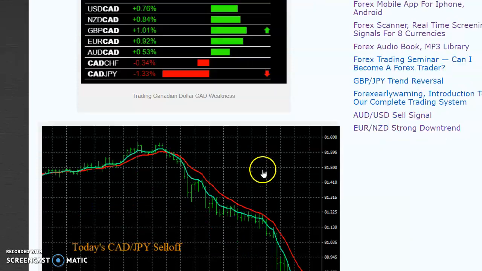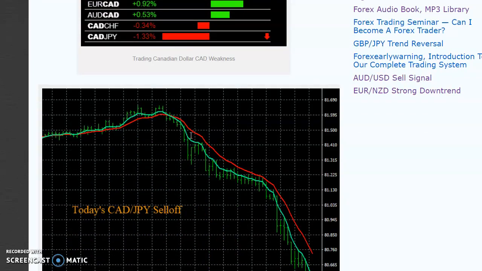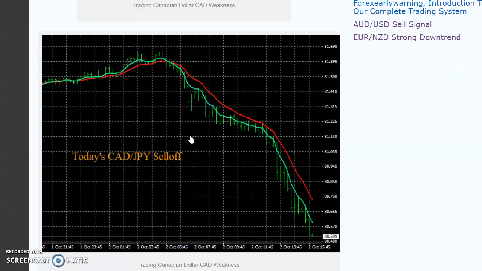You can also do things like basket trades where you push one button and sell all the Canadian dollar pairs at once. So the amount of pips you can get on the entire group of pairs is certainly maybe 200-300 pips, but it could be more on the more volatile currencies like the British pound.